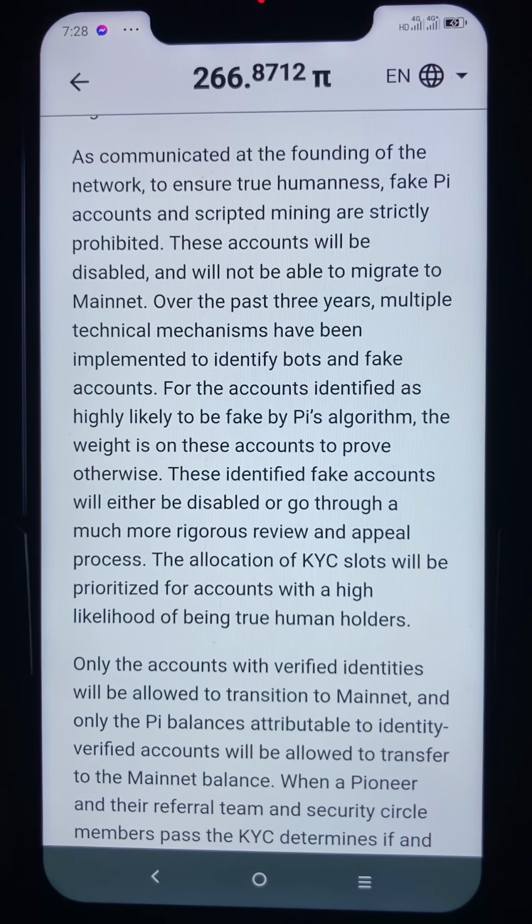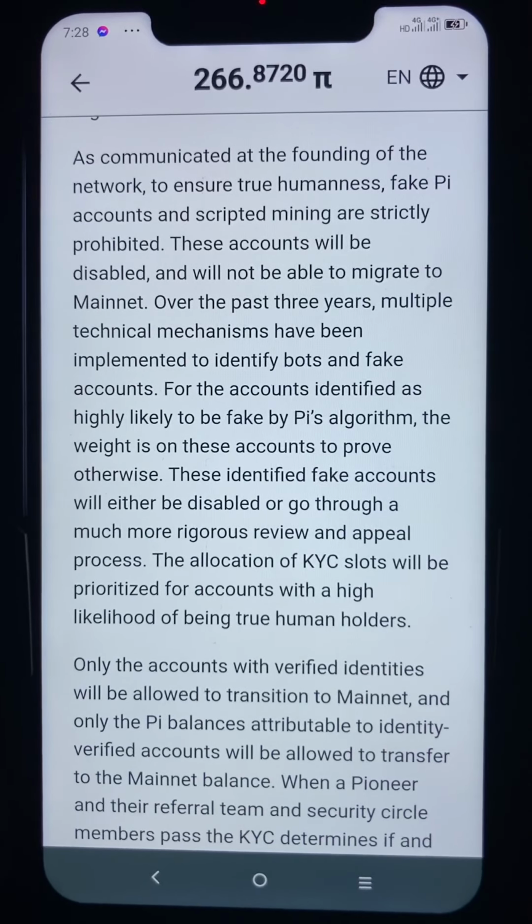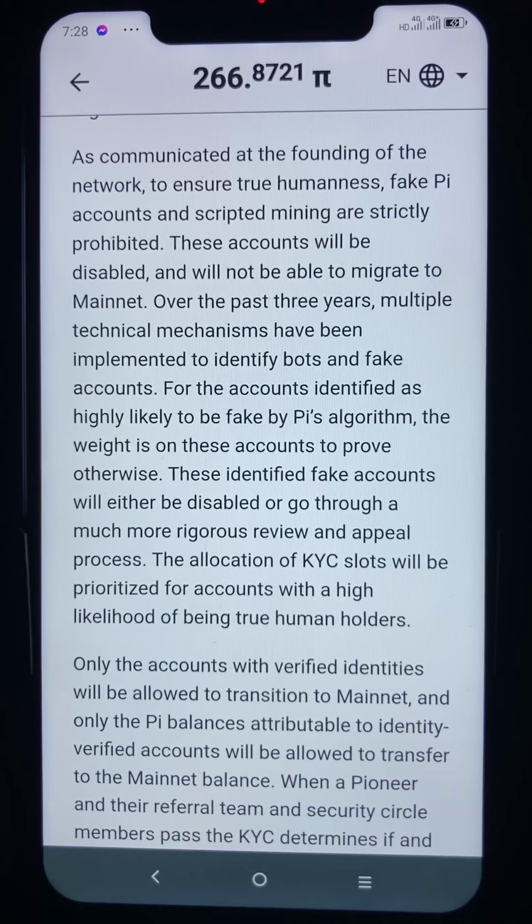Okay, so saan tayo? Sabi niya, as communicated at the founding of the network, to ensure true humanness, fake Pi accounts and scripted mining are strictly prohibited. Bawal yun, ha? These accounts will be disabled. Disable sila pagka nahanap and will not be able to migrate to Mainnet.